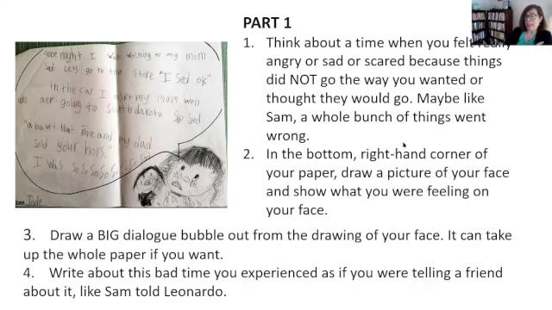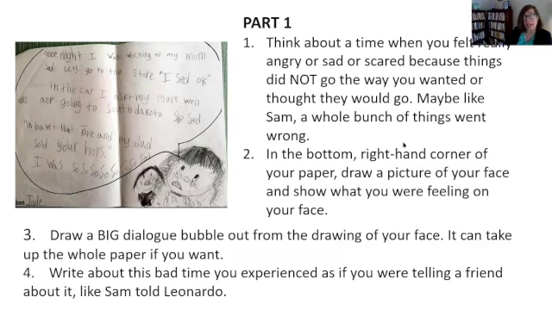And in the bottom right-hand corner of your paper, as you can see here in this picture, draw a picture of your face and show what you were feeling on your face at that time. As you look at this, you can see she was really upset and in fact started crying. There are lots of tears coming down there.